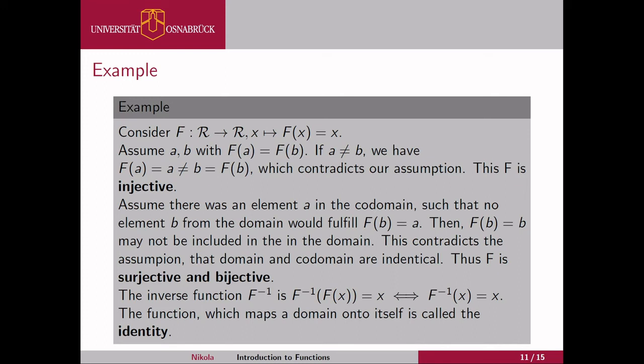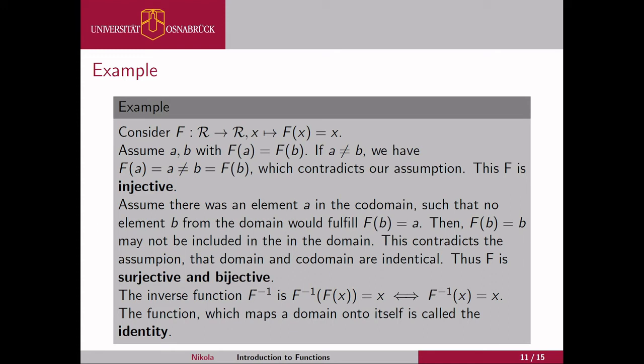All right, then to the second property. We have to show that every element of the codomain is hit at least once. So again, let's assume the opposite to prove this by contradiction. Let's assume that there is some a in the codomain such that there is no b in our domain in a manner that f of b would equal a.